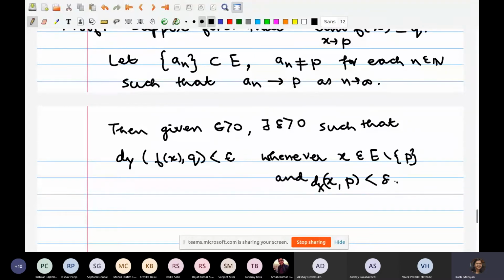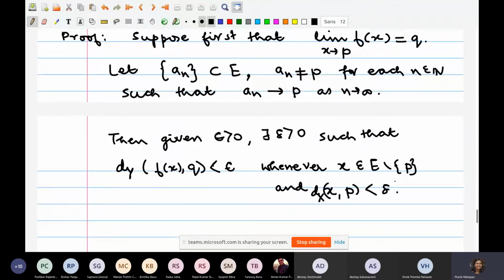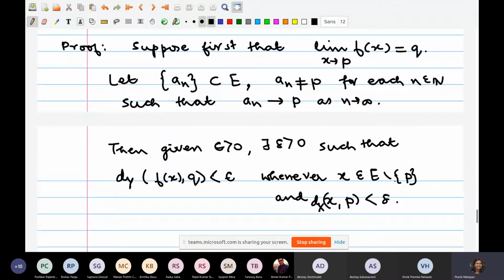Correct? Is that okay? Just rewritten the definition here. Now, what are we required to show? We are required to look at the sequence f of an and show that that converges to the point Q.